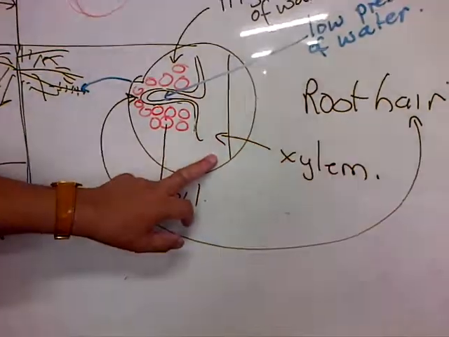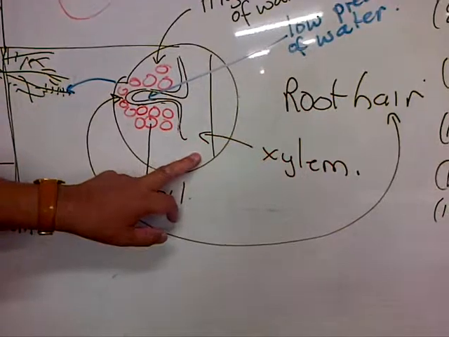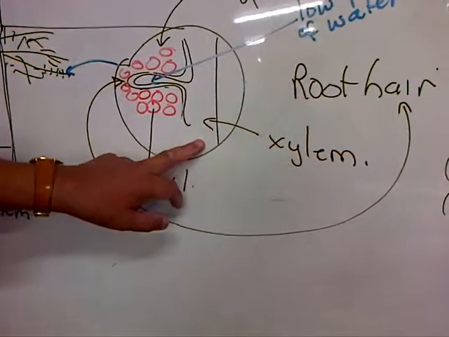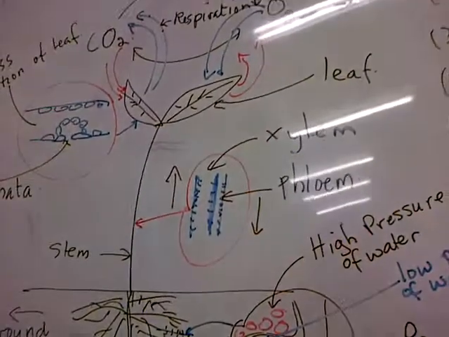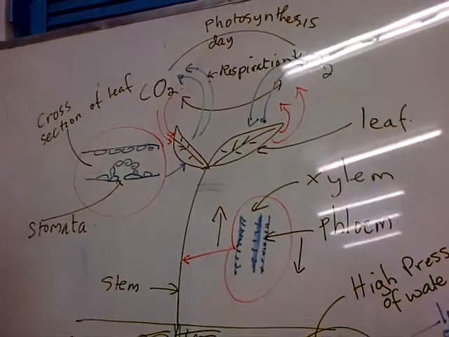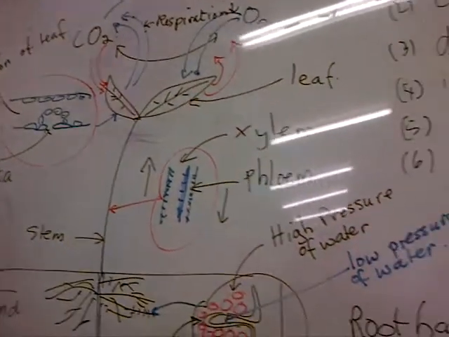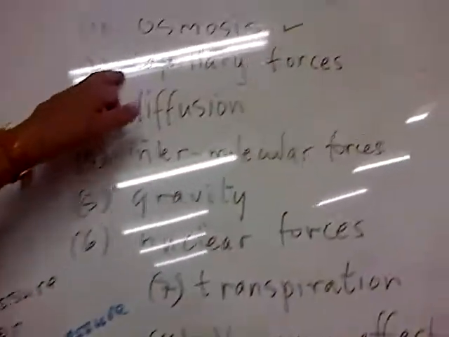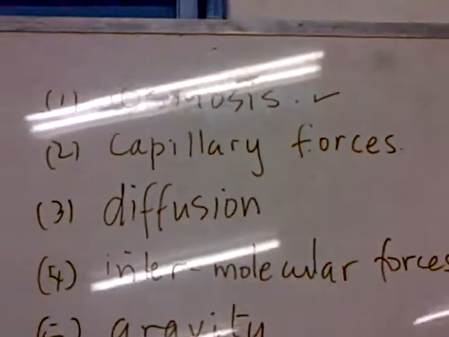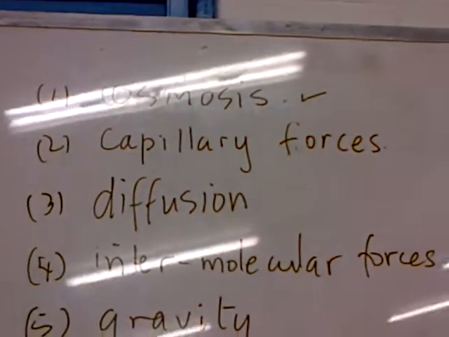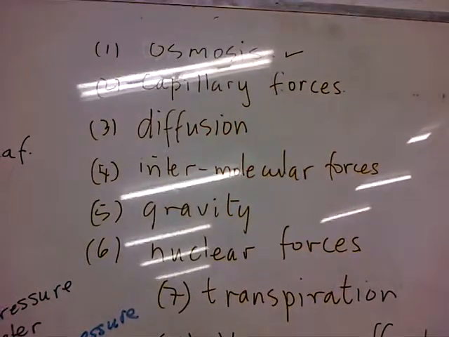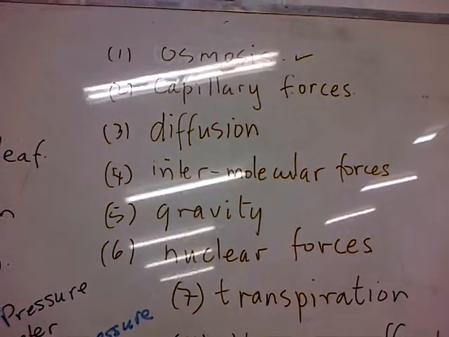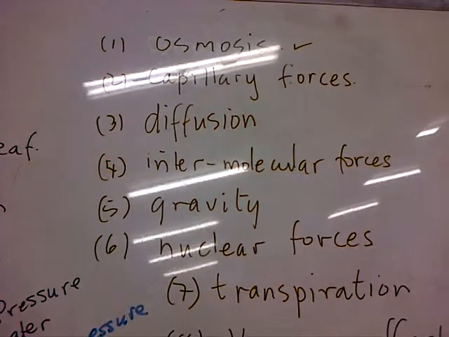Now, after the water arrives in the xylem, it will have to climb up this tube here to the top of the plant. And it will climb up because of what we call capillary forces. Capillary forces is the force of water, or of any liquid, being sucked up and pushed into a thin tube.